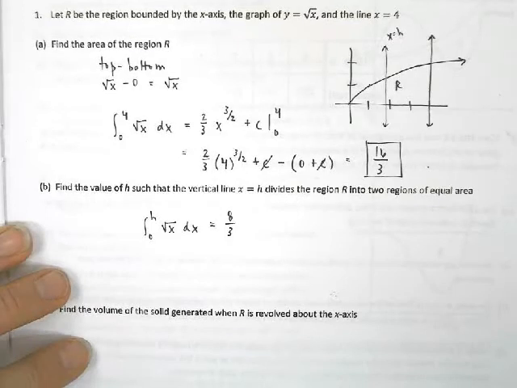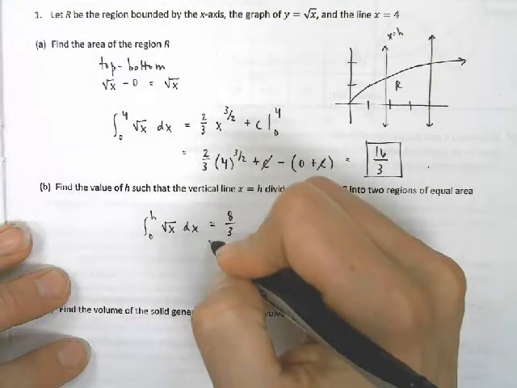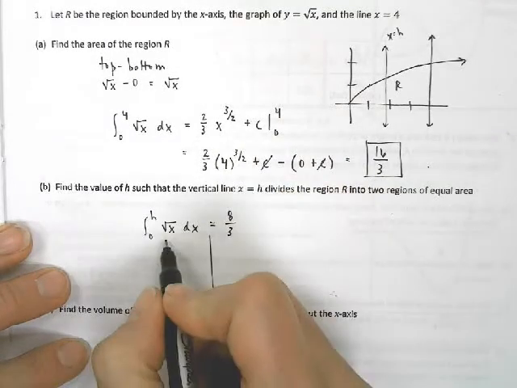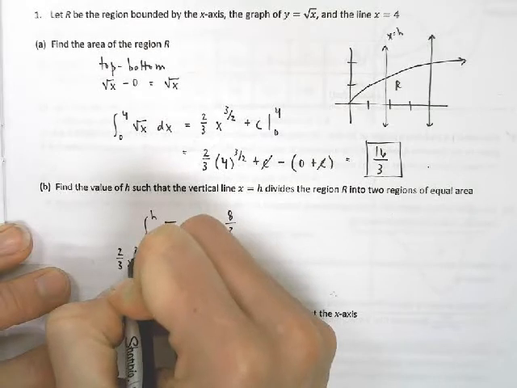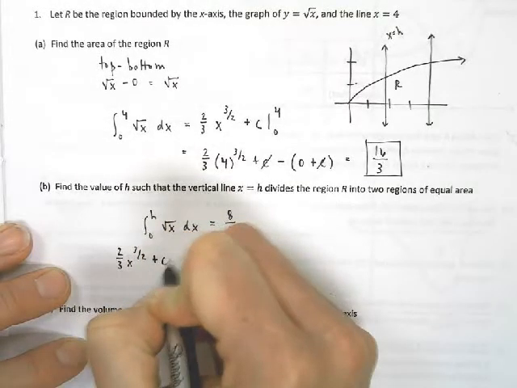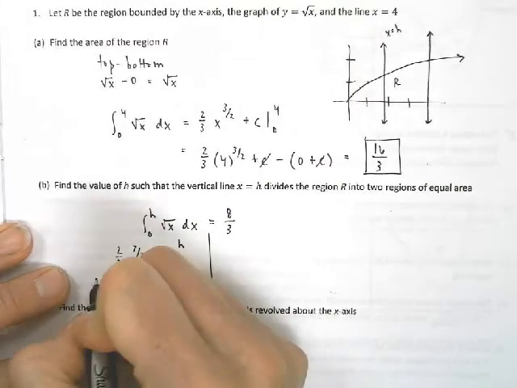Now we need to do some work to solve. I'm just going to focus here for right now. I'm going to ignore my 8/3. I know my antiderivative here is going to be 2/3 x to the 3/2 plus c, and now I'm evaluating from 0 to h. Here I'm going to plug in h.